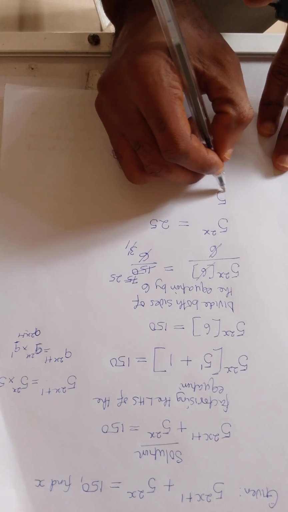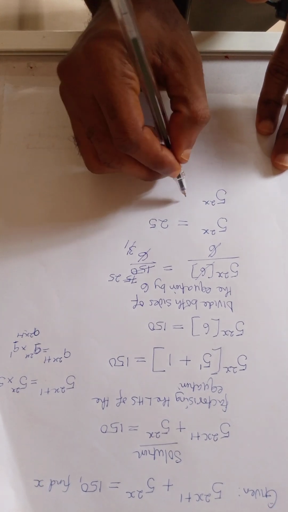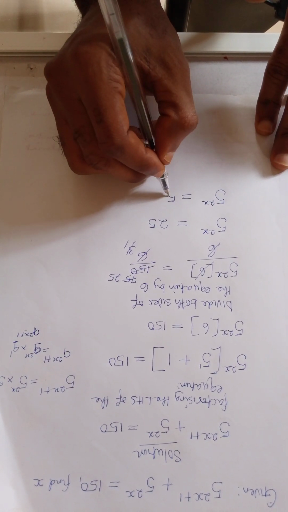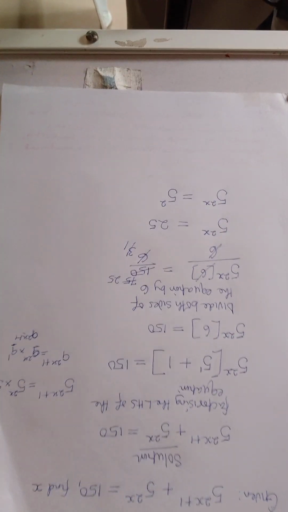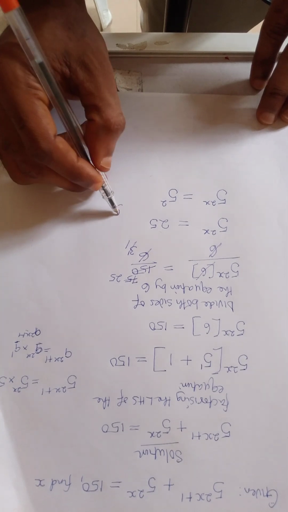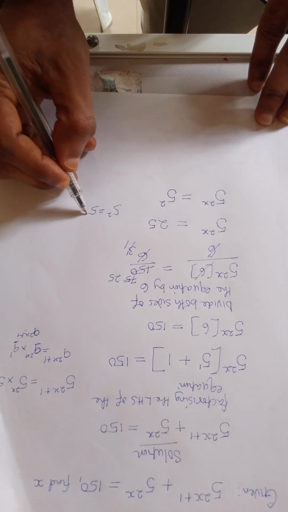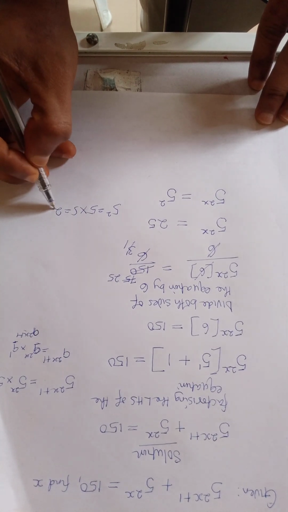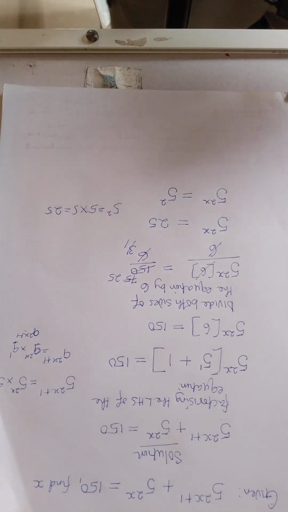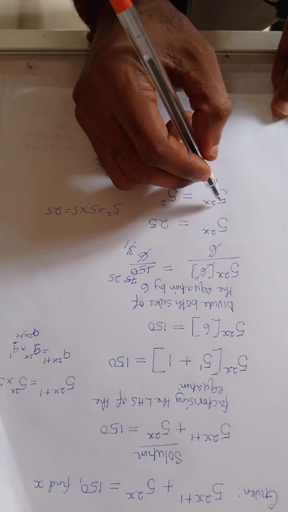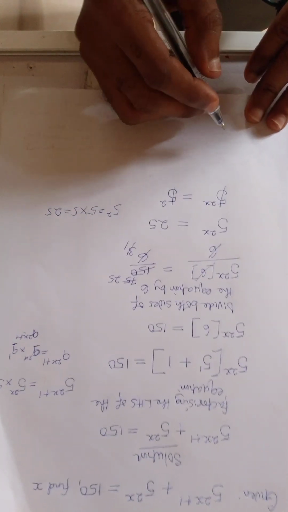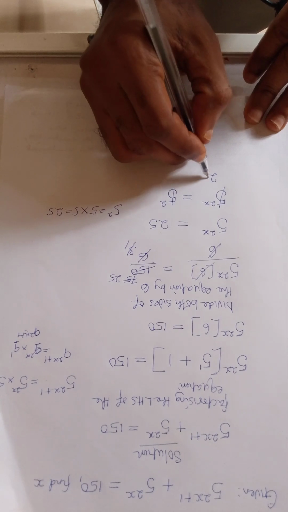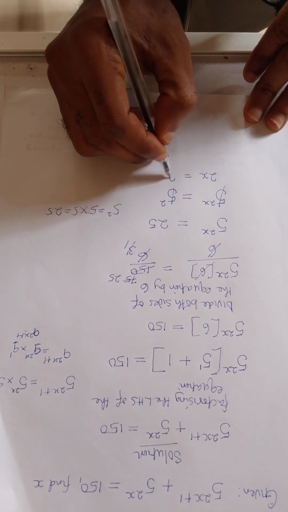So we have 5 raised to the power 2x equal to 5 raised to the power 2. Of course, we know that 5 raised to the power 2 is the same thing as 5 times 5, which is equal to 25. Since they now have the same base, we cancel out 5, and we are left with 2x equal to 2.